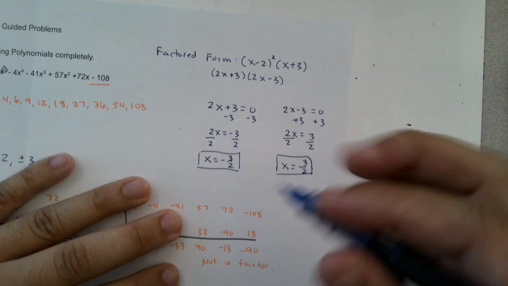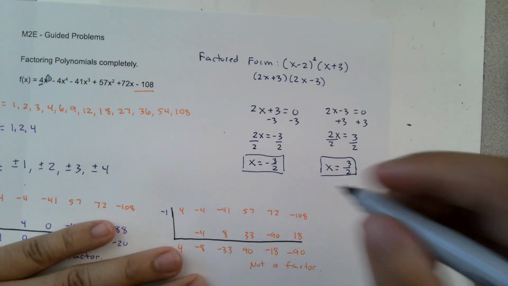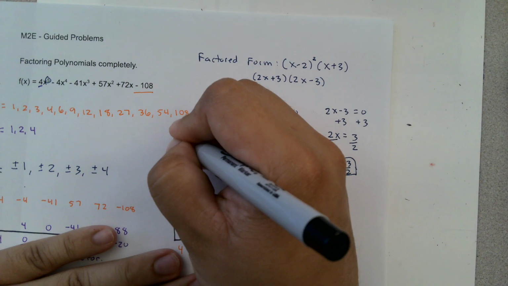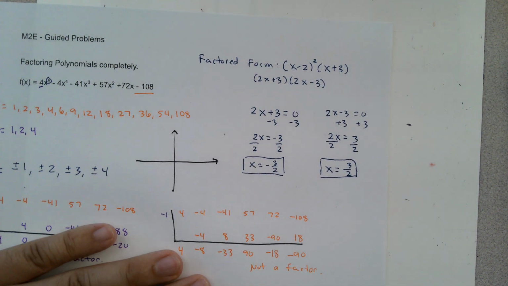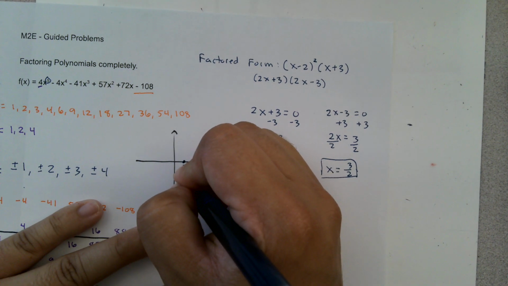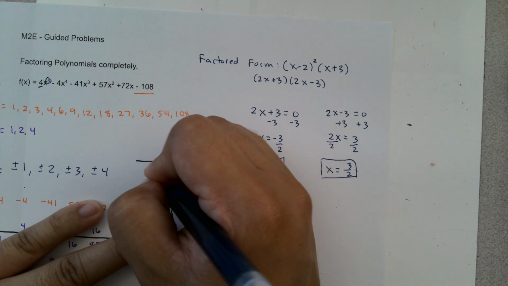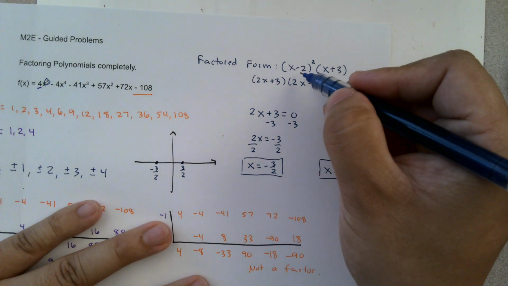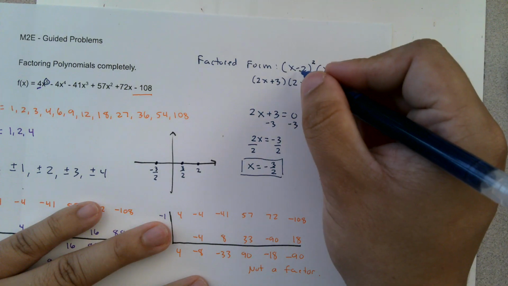So that when you go to sketch it, let's do it here. You have one root at 3 over 2. One root at negative 3 over 2. A root at 2 that bounces.